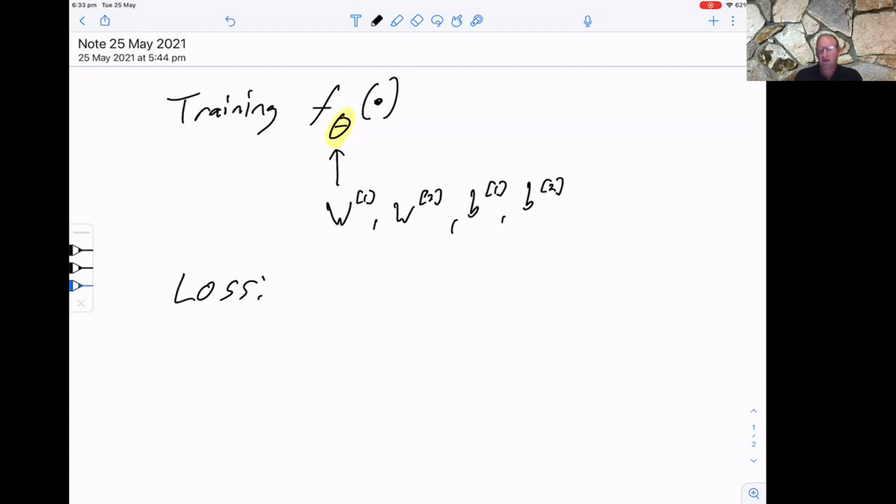I'll put this in the context of your homework 3. A loss might be something of the form, sum over i from 1 to n, over all observations, of f theta of xi minus yi, squared.